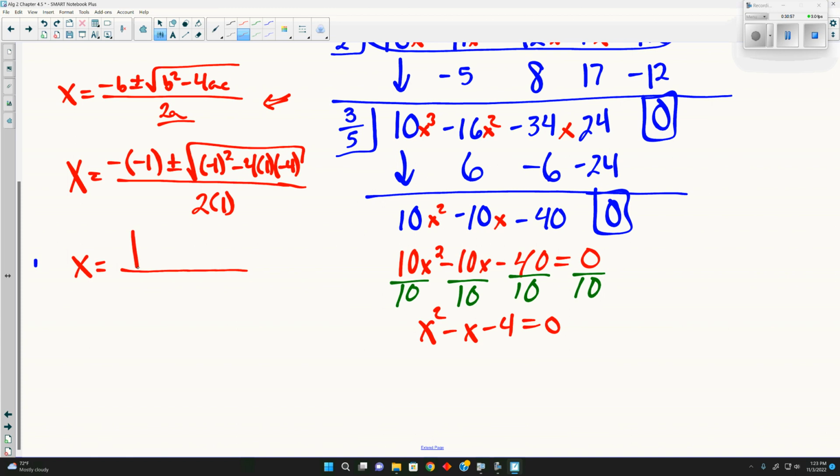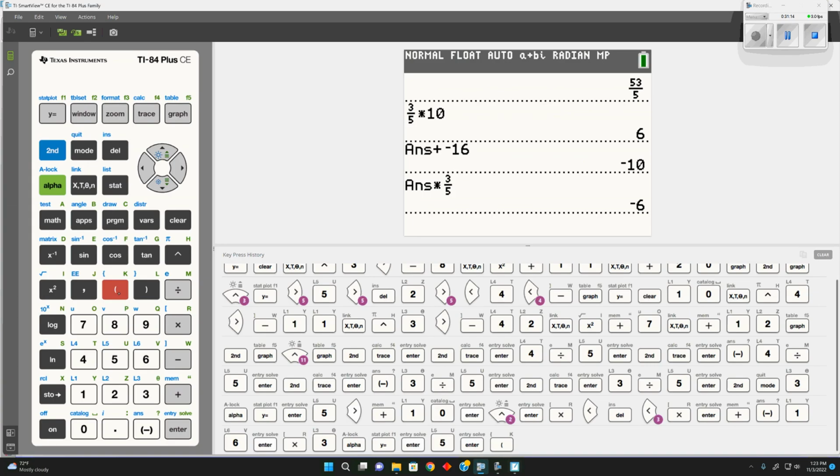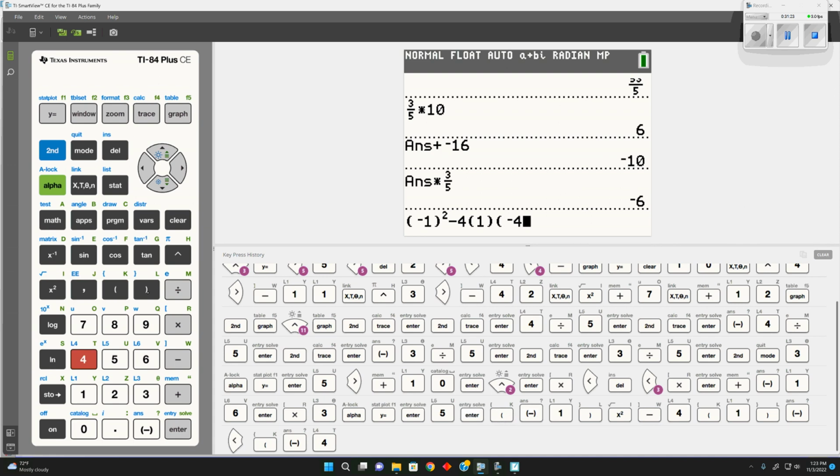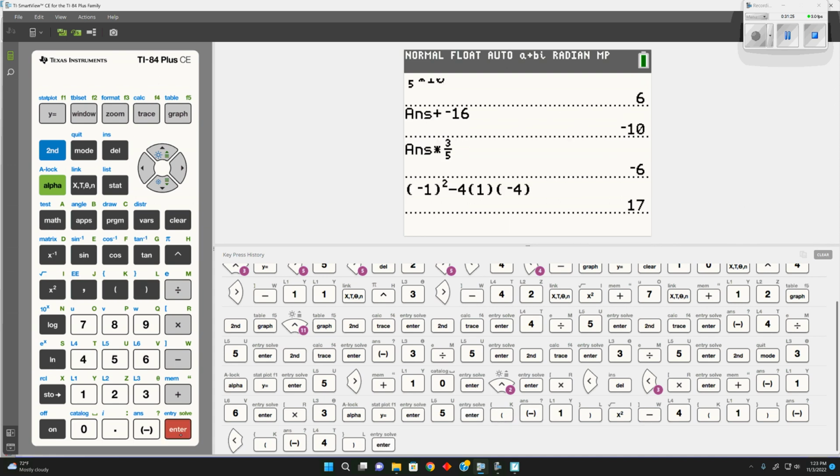Negative negative 1 is 1. 2 times 1 in the denominator is 2. Now, personally, as when we went over this the first time, I don't type the radical in quite yet. I plug everything inside the radical into the calculator. So -1 squared minus 4 times 1 times -4, and hit enter. So we get 17.